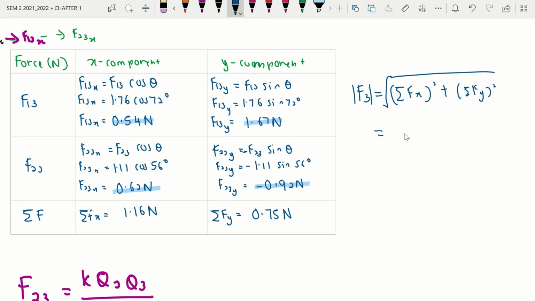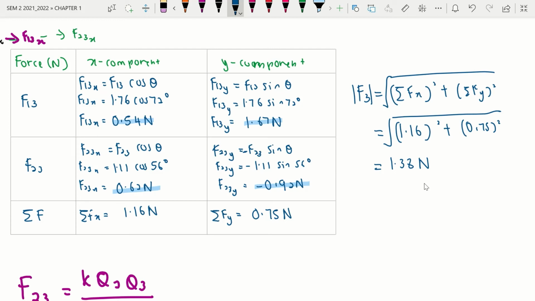So 1.16 squared plus 0.75 squared, and square root, you will get your answer 1.38 Newton.